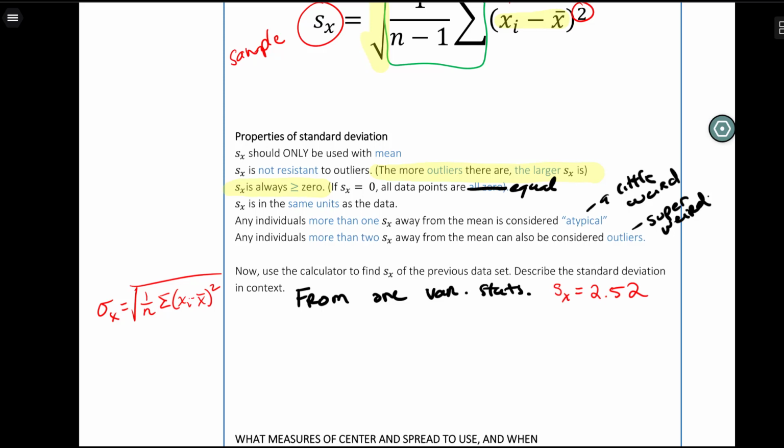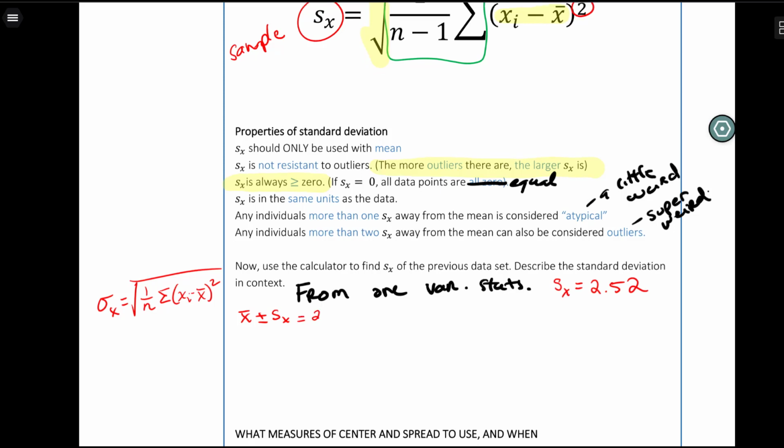Now, let's try to use our intuitive understanding and interpretation of this. We said that if there's anybody within one standard deviation from the mean, that's kind of typical. That's not unusual. So what is one standard deviation from the mean? Well, that's adding or subtracting, and you're finding an interval. So let's find an interval of values here.